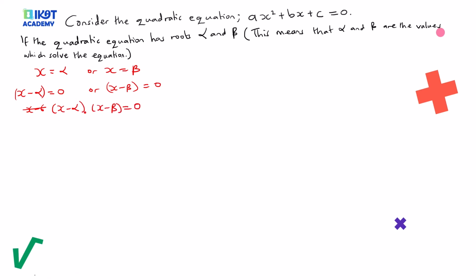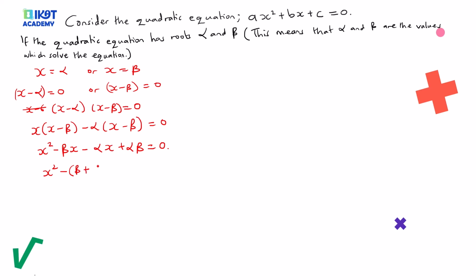So we want to form the quadratic equation that forms these two. So now we open the bracket. This is x squared minus alpha x minus beta x plus alpha beta is equals to 0. So we can collect like terms, factorize out the x, such that we have x squared minus alpha plus beta x plus alpha beta.